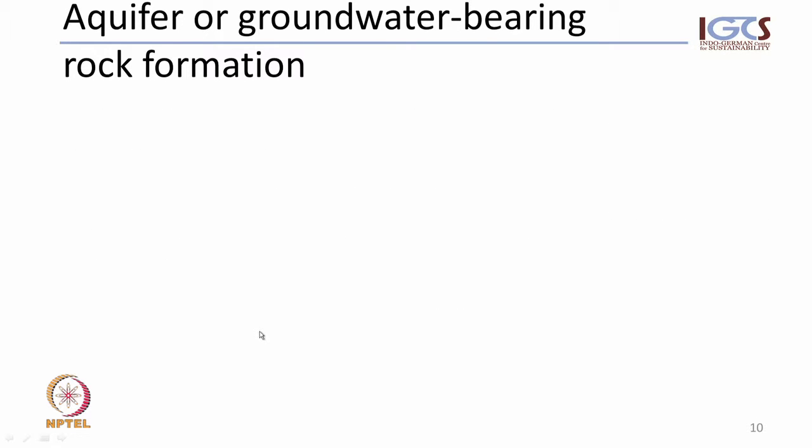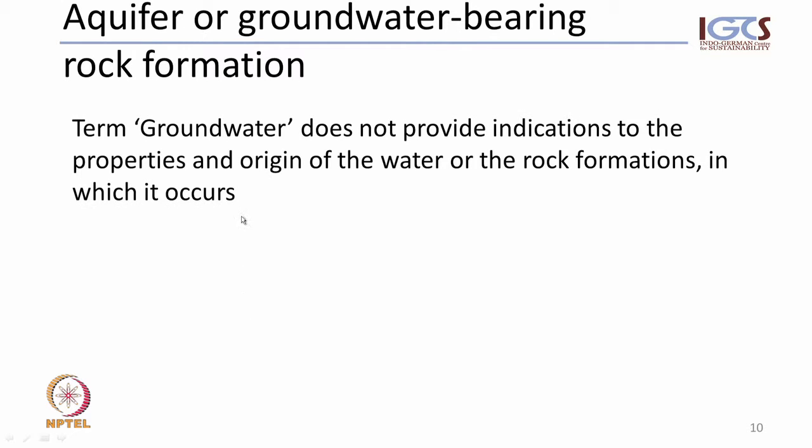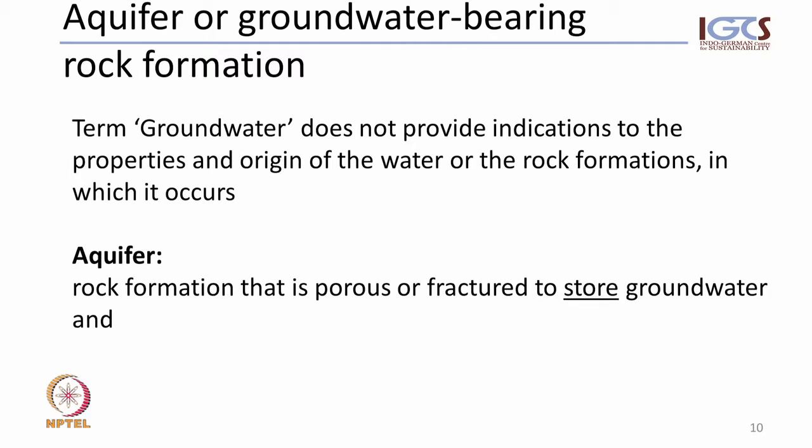Now, let's talk about the aquifer or groundwater-bearing rock formations. When we speak about groundwater, we do not include or define the properties or the origin of the water itself, and we're also not defining the rock formations in which this water occurs. And for that we use the term aquifer.